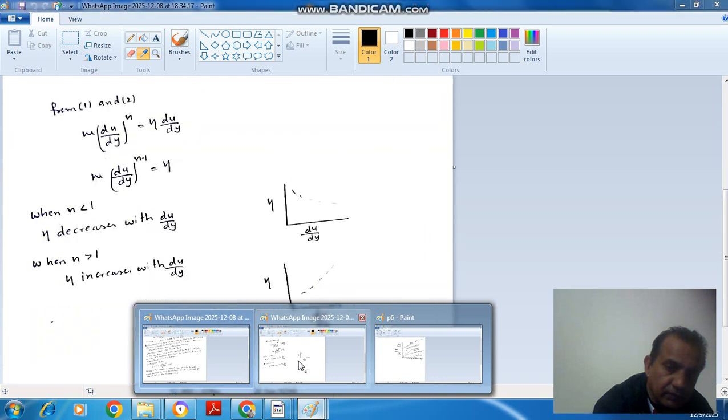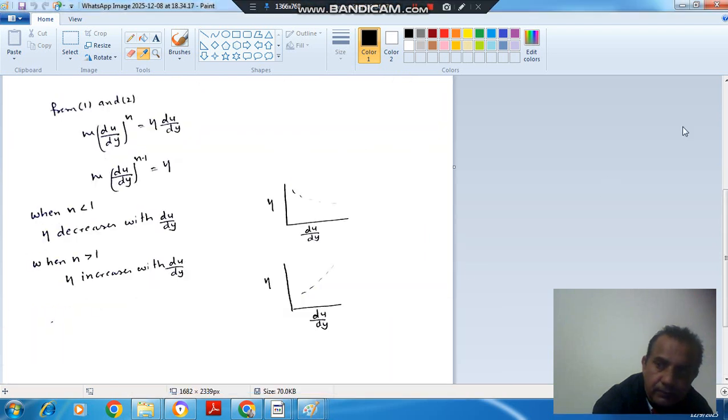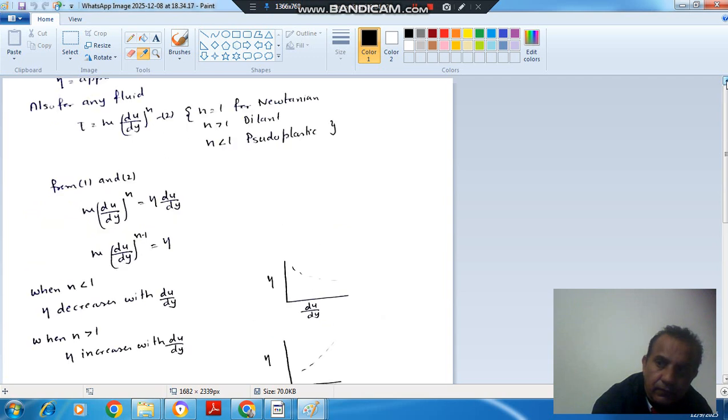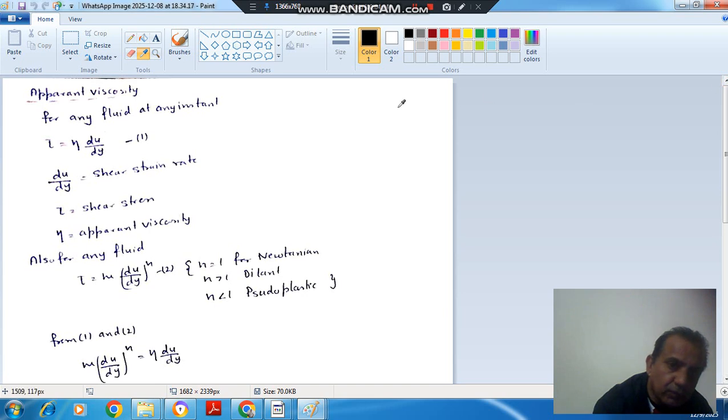One more definition with non-Newtonian fluid is apparent viscosity. For any fluid, Newton's law can be expressed as apparent viscosity into du/dy is equal to shear stress, because this value is changing in the case of dilatant and pseudoplastic fluids.